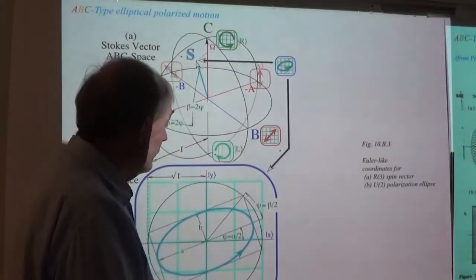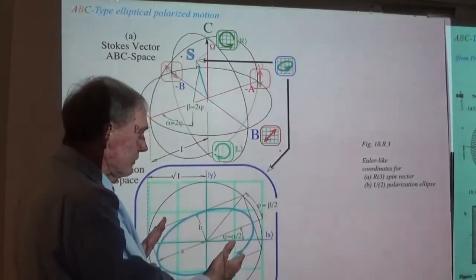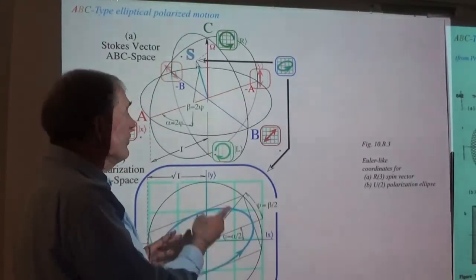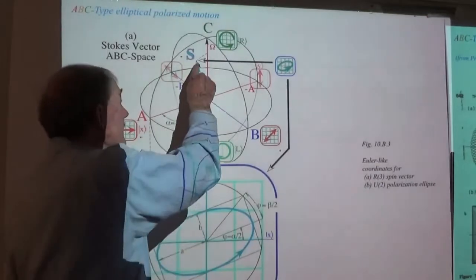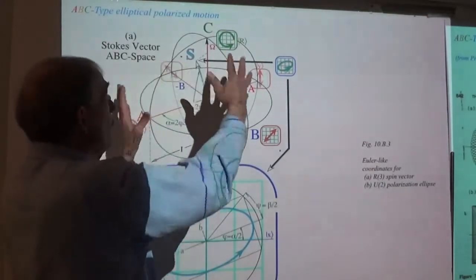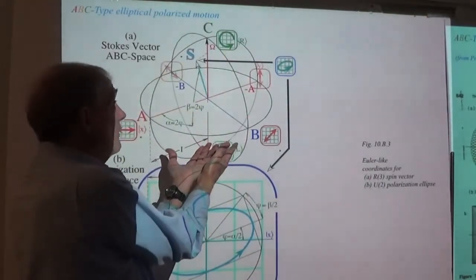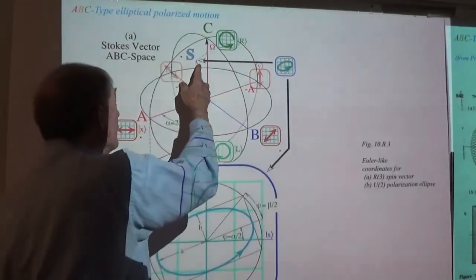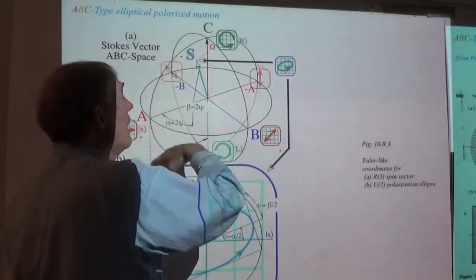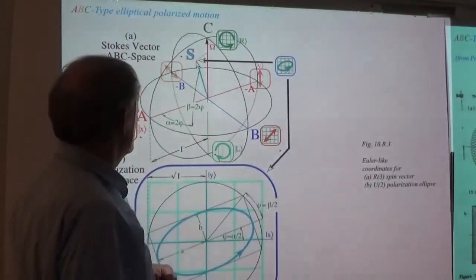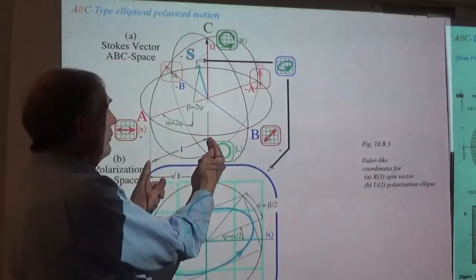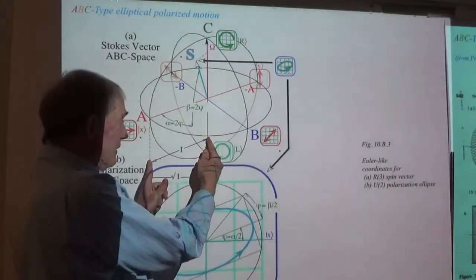But what's so neat is this entire trajectory with all of these angles and its geometry is a single point right there on the Stokes space, in particular the Stokes sphere. So this is the Stokes vector pointing to a point on the sphere, and the idea would be that the sphere would have a radius equal to the intensity of the light.